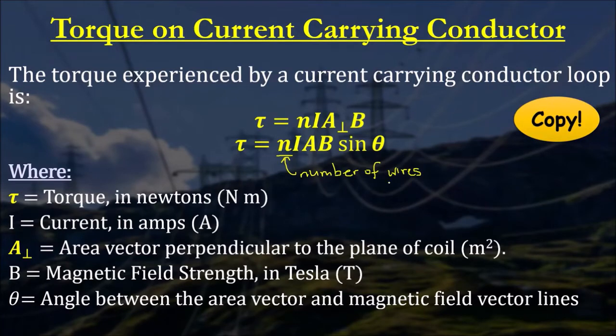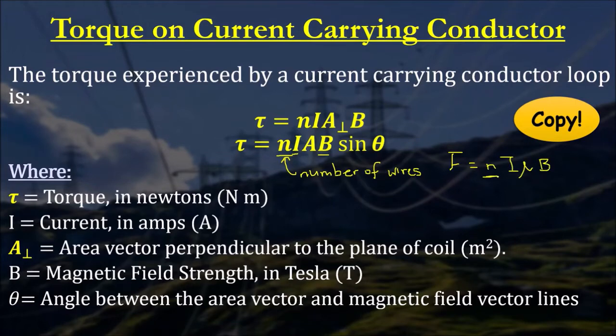The reason why we have additional numbers of wires is that more wires will increase the interaction between the current or the charged particles and the electric field. So that will increase F as well. If I want to look at the force, it follows the exact same notation.